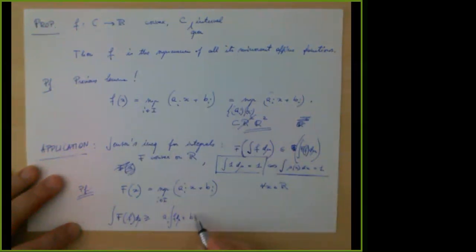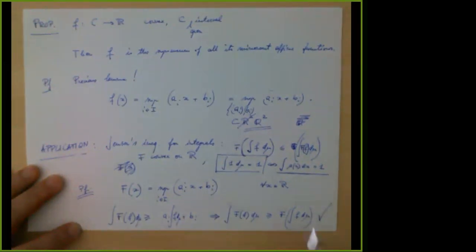This is in order to have the integral of 1 equal 1. If we take the supremum on both sides with respect to i, these are just numbers, so we are left with the integral of f d mu larger or equal than f of the integral, which is what we wanted to prove.